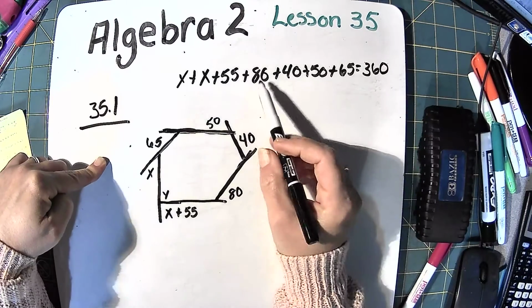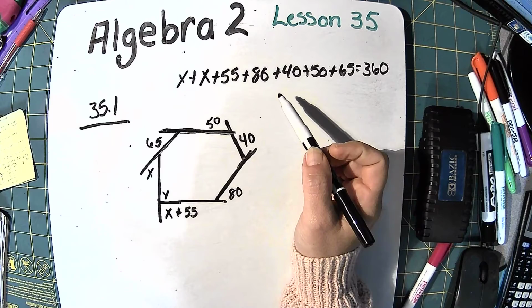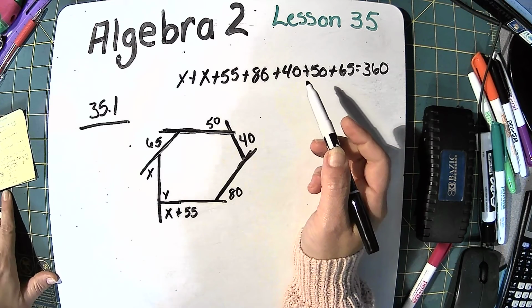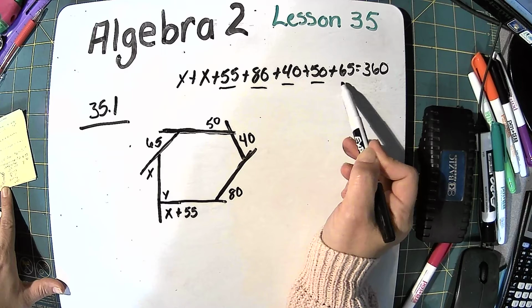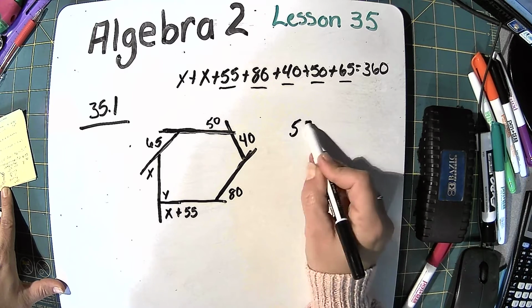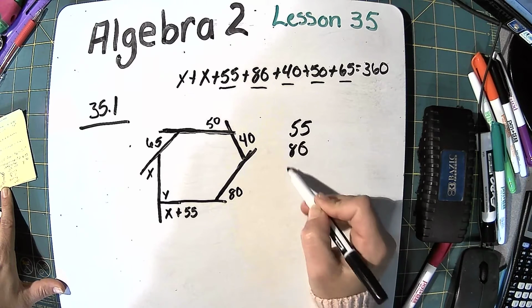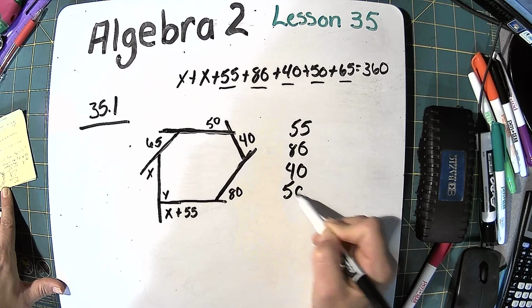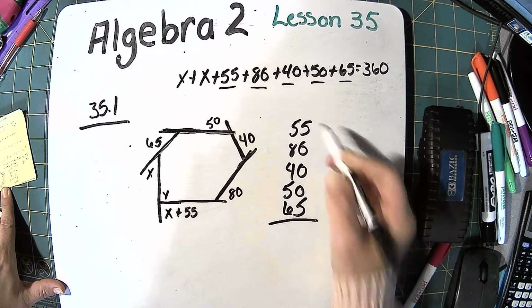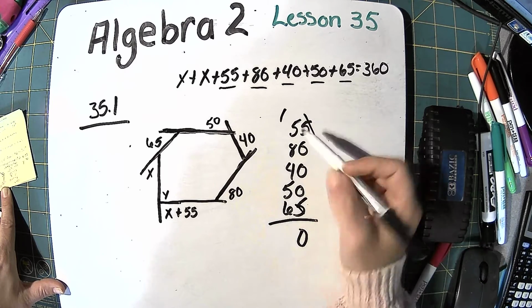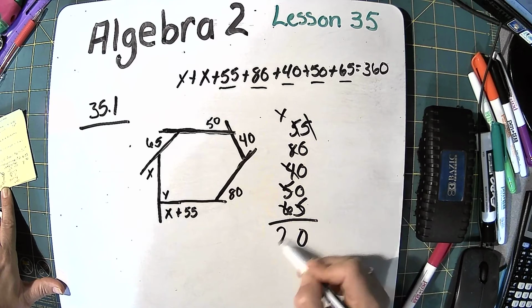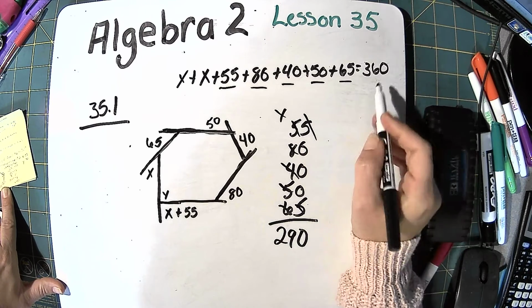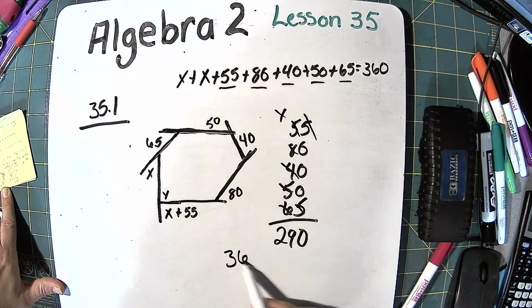Okay, then we'll just add all those up, and so that's going to be 55 and 80 and 40 and 50 and 65. It's 290. And then we're going to say 360 minus our 290.